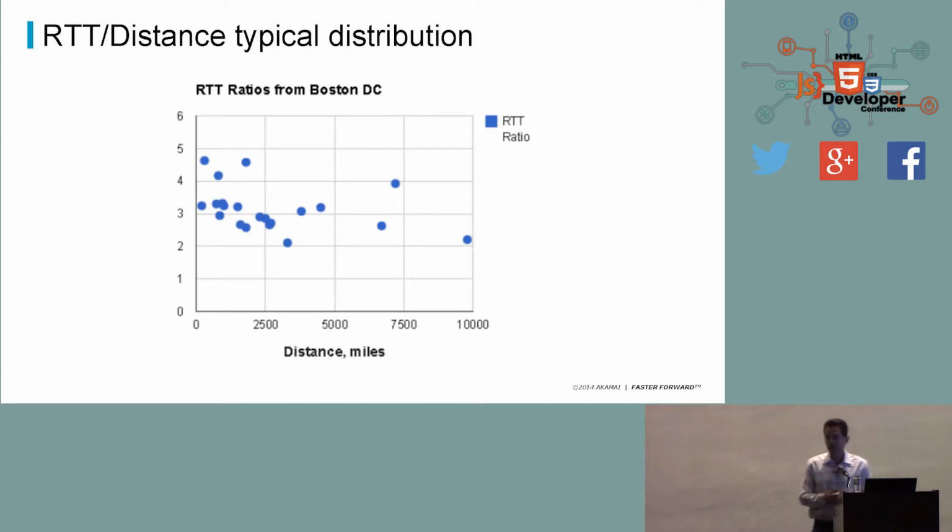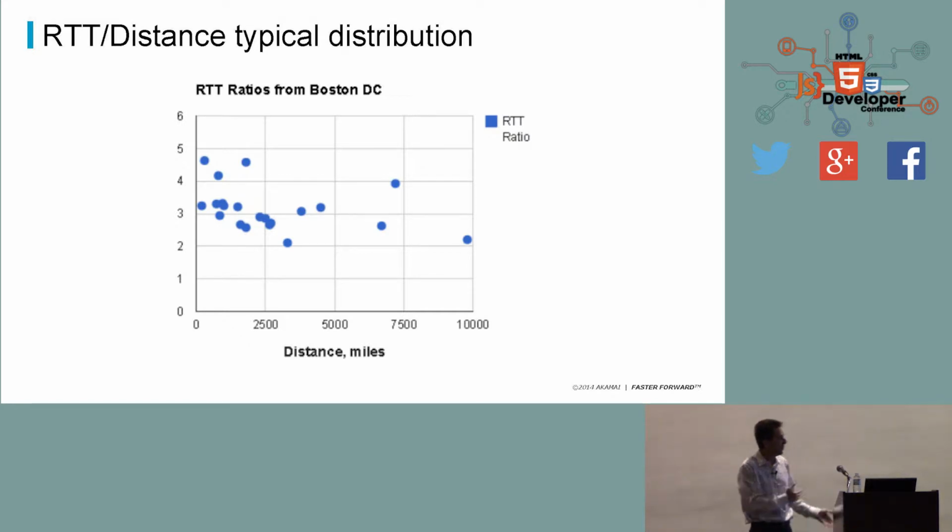Here is a very simplified distribution, because an image always speaks better than words: the typical relationship between the round trip time and the distance, right? The goal was to ask, is there a simple correlation between the round trip time and the distance, given all these parameters and these ISP business relationships? Is there, at a high level, something simple we can grasp?